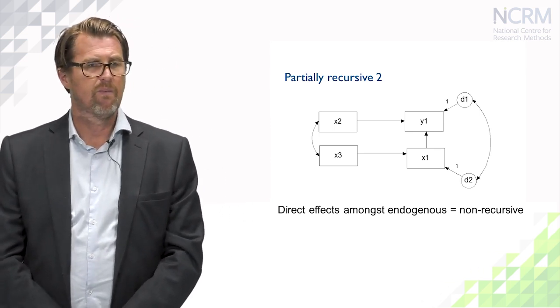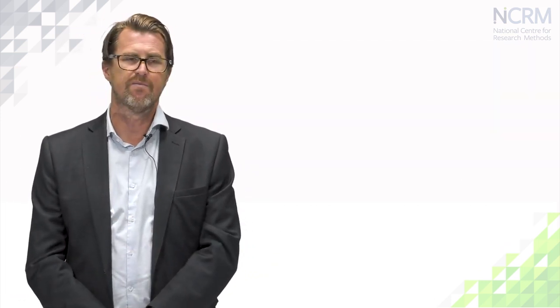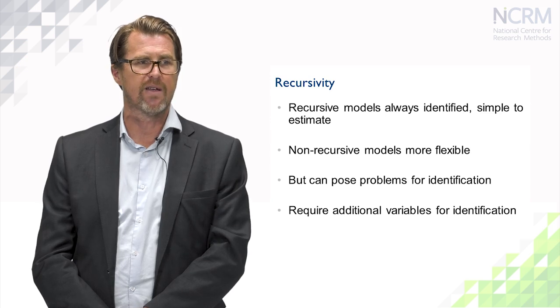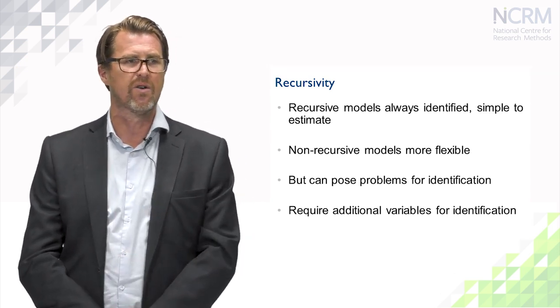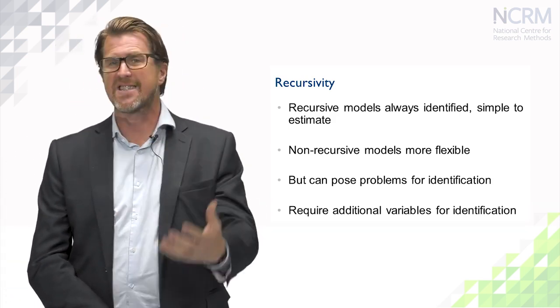I said that recursive versus non-recursive model status is important for identification, but that's not terribly interesting from an analytical perspective. Recursivity is also important because a recursive model is always identified and it's simple to estimate.